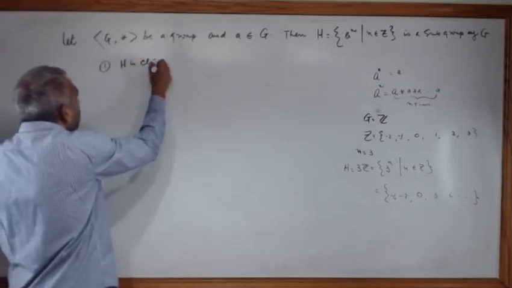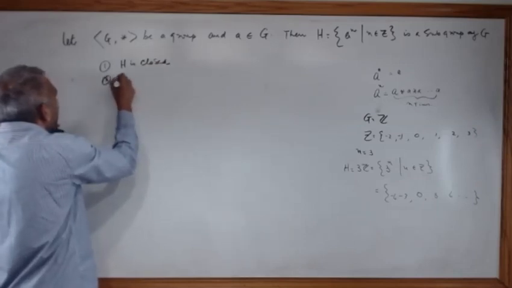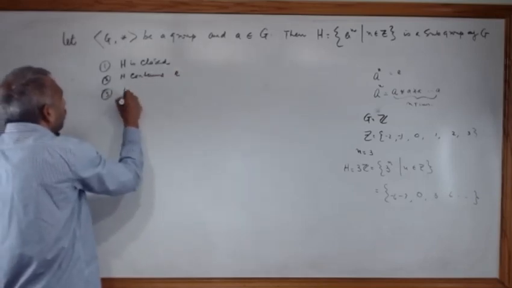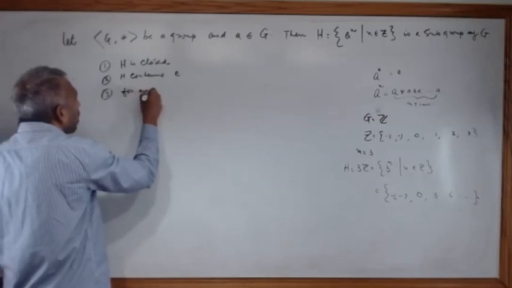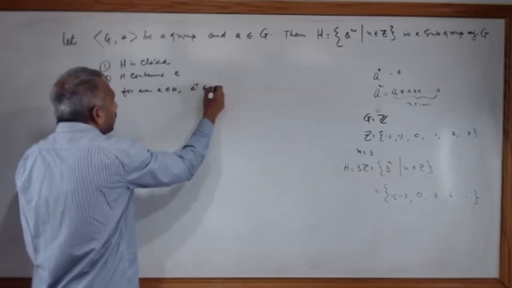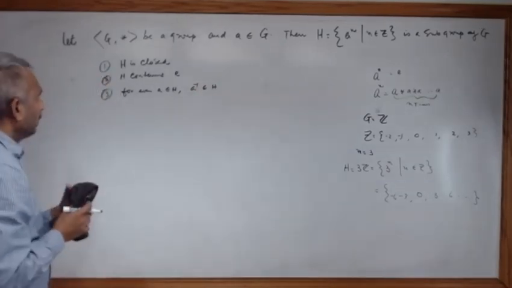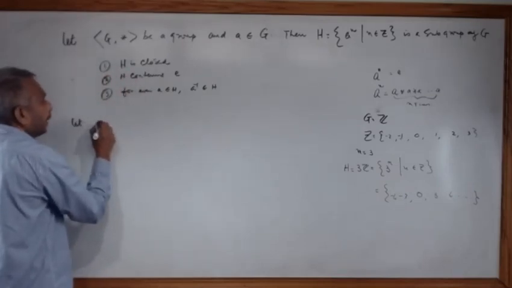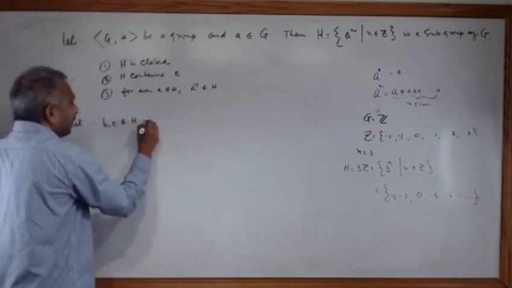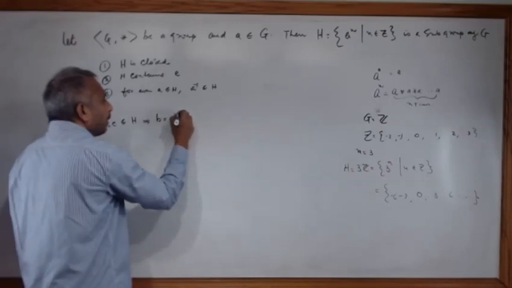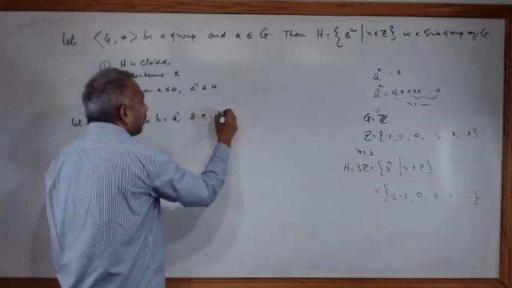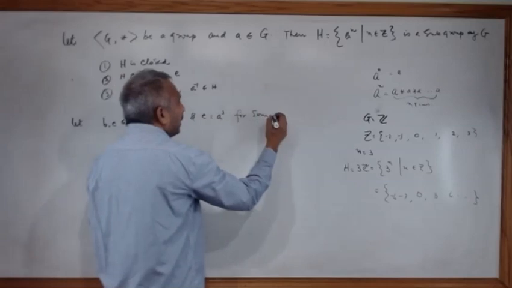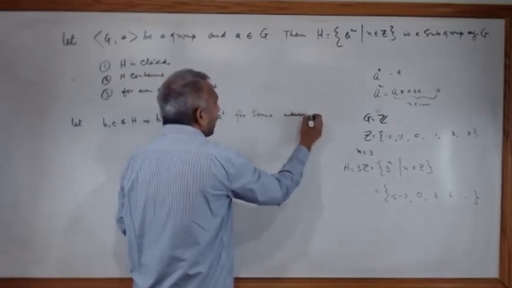H is closed, H contains e, and for every a in H, a inverse belongs to H. So H is closed means let b, c belong to H. That implies b is equal to a to the power of i and c is equal to a to the power of j for some integers i and j.